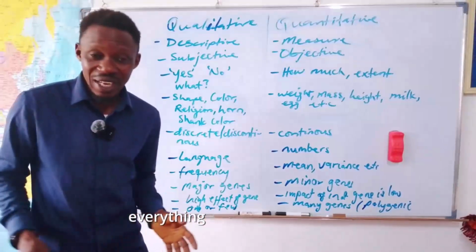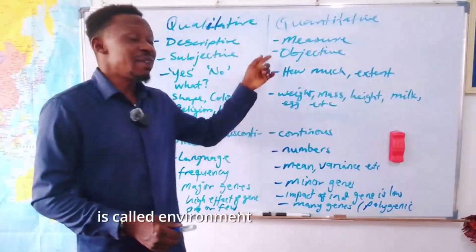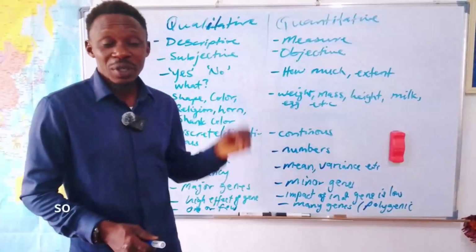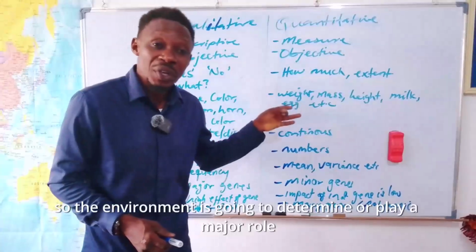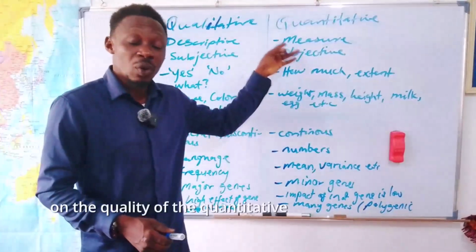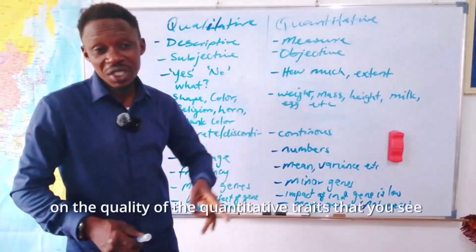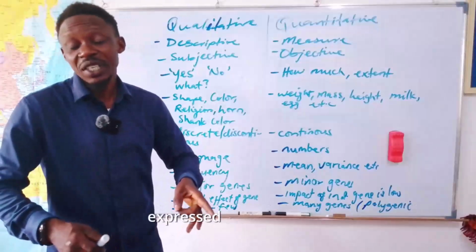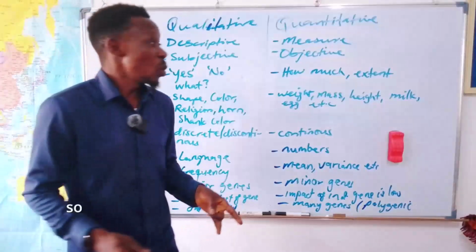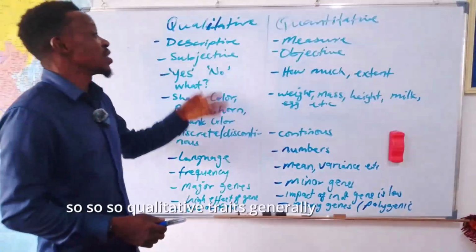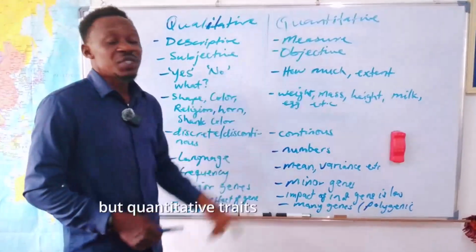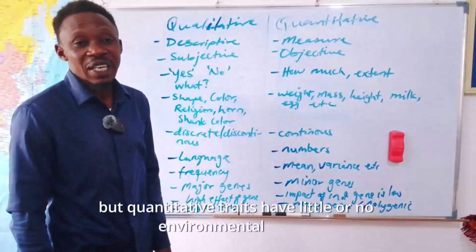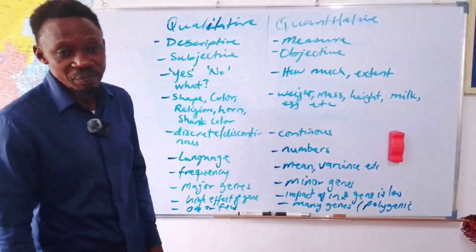Care, everything outside of the gene is called environment in animal science. So the environment is going to play a major role on the quality of the quantitative trait that you see expressed in your animals. So quantitative traits generally come under environmental impact, but qualitative traits have little or no environmental impact influencing them.